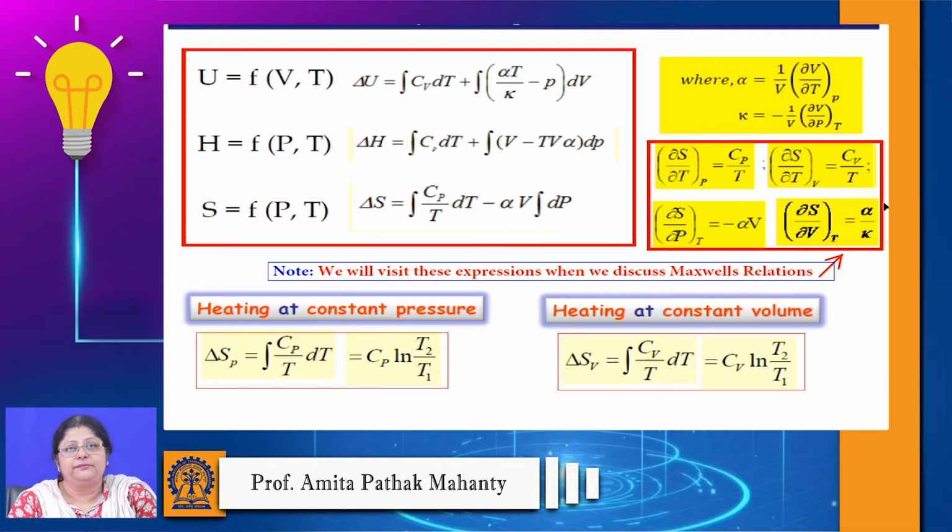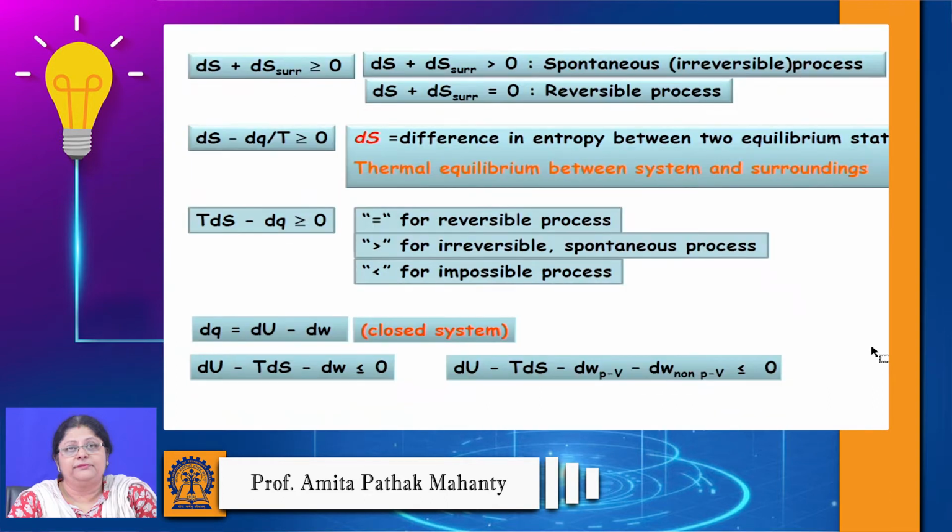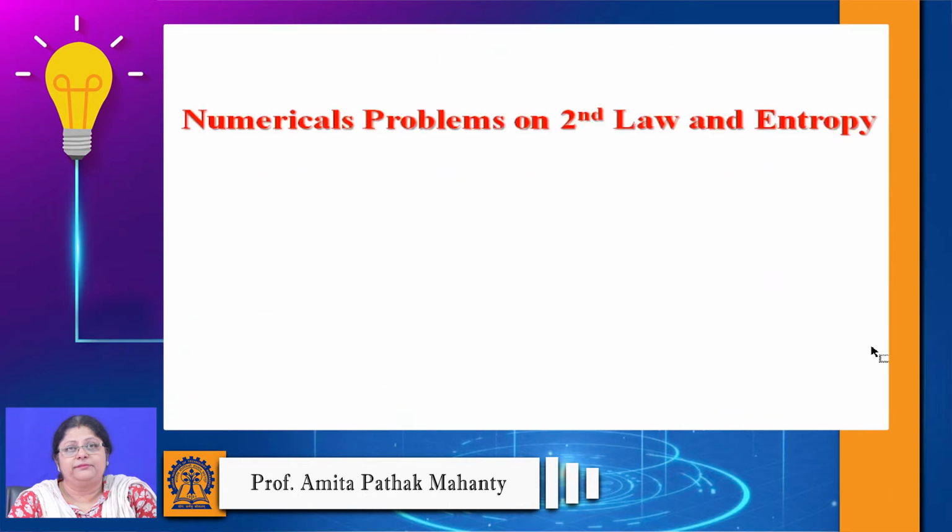These are things I'll be asking you to derive. These are applications of whatever we have done. All the expressions are summarized in 2 pages, just for your benefit. So these are things which are already done.